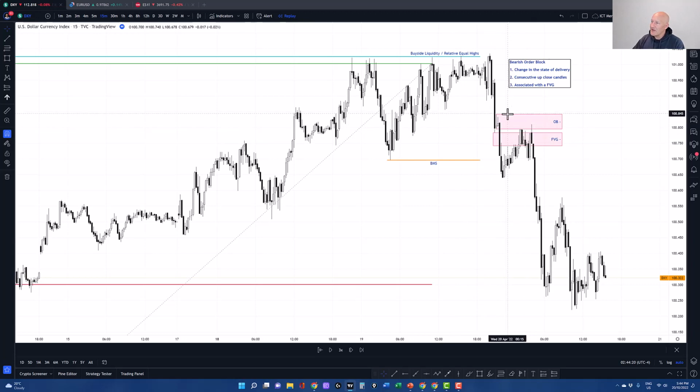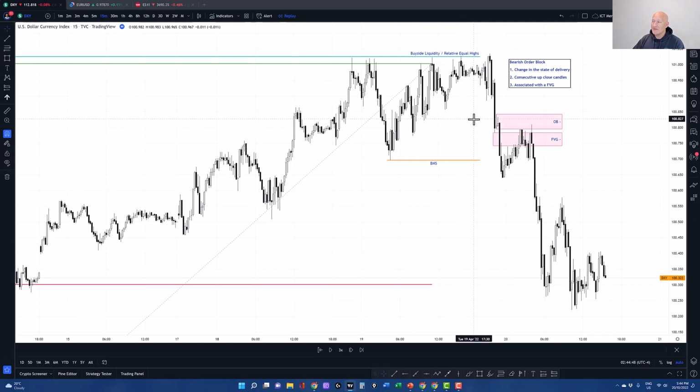Now, the important thing to remember is that the order block is always associated with a fair value gap. So you can see we have the fair value gap here again on the 15-minute chart, and so our order block is right with that. And this is one of the key things that was certainly missing when I learned about order blocks for the first time, was this association with the fair value gap.